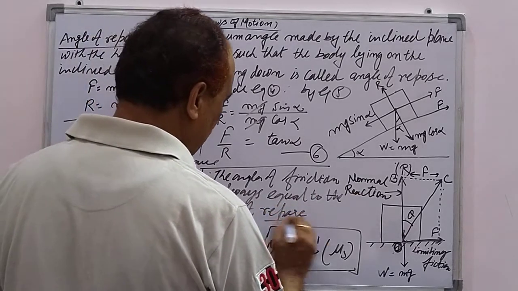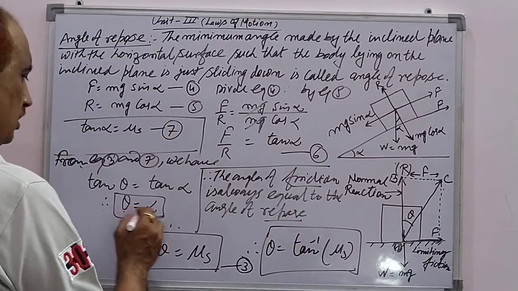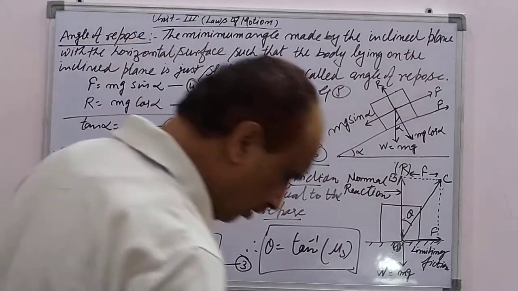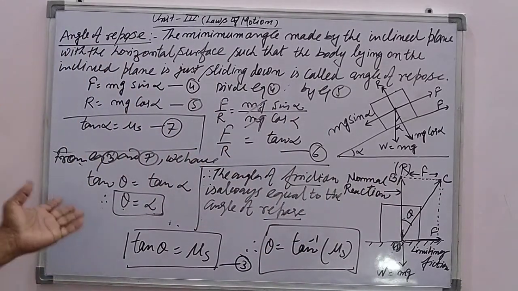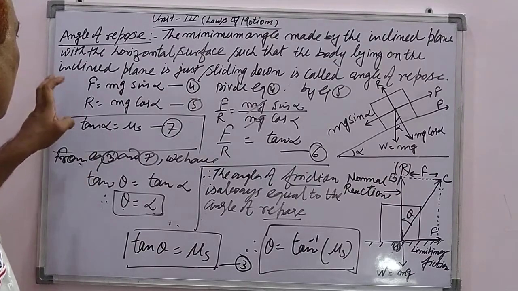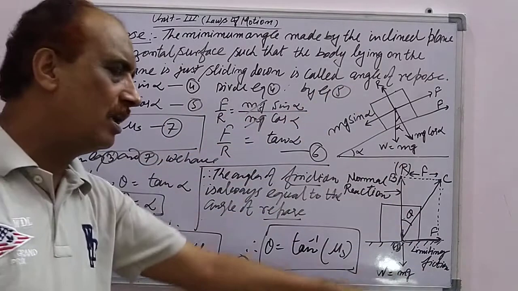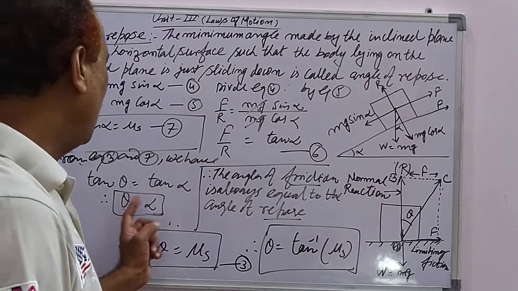This is the relation between the angle of friction and the angle of repose, because theta is equal to alpha. This is a very important topic and it can be asked in the examination. Write the definitions of the angle of friction and angle of repose, draw this diagram, and also establish the relation between theta and alpha.